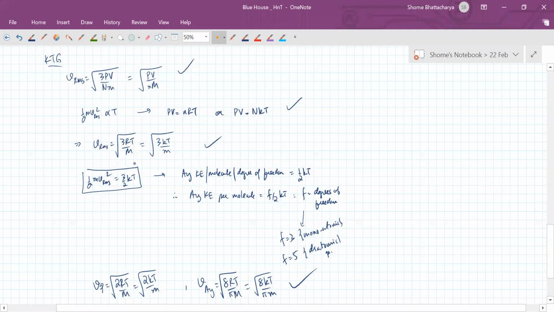So these are all the formulae that you have to remember, and we'll be applying them in questions. So this was equipartition of energy.